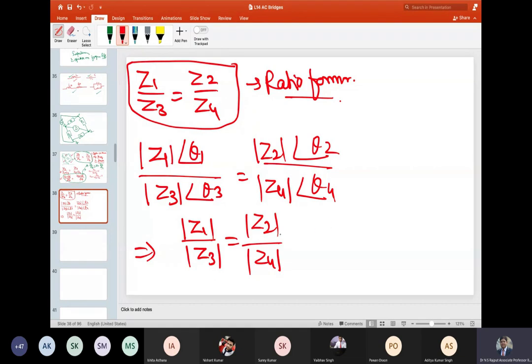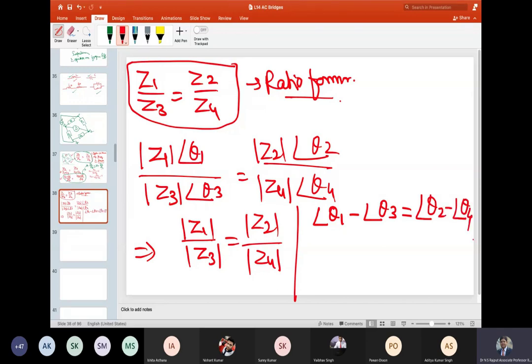Similarly, your angle theta 1 minus angle theta 3 should be equal to angle theta 2 minus angle theta 4, right? So this is how we work with it. Your impedances are like this, right?